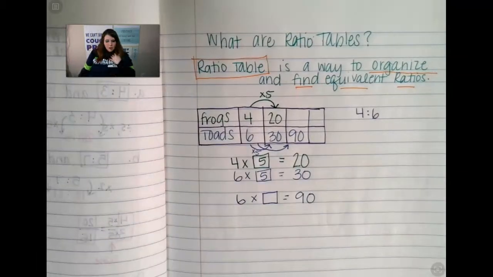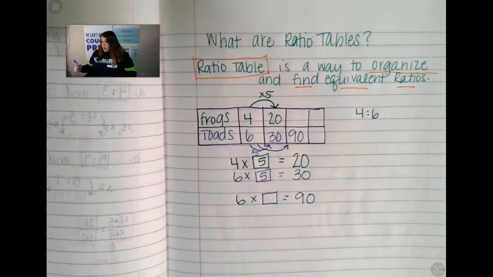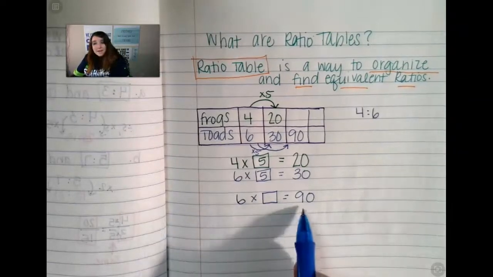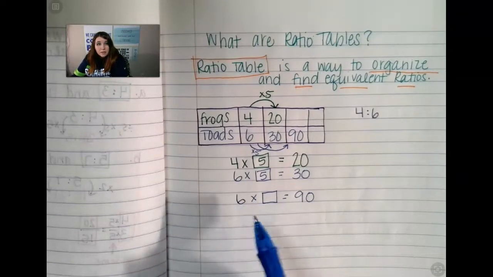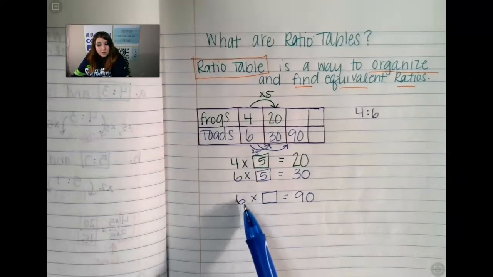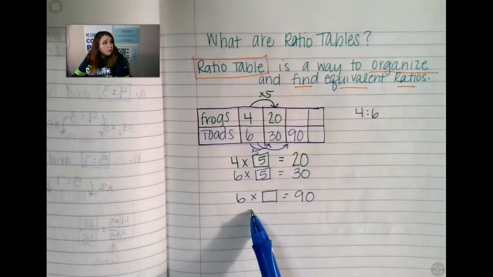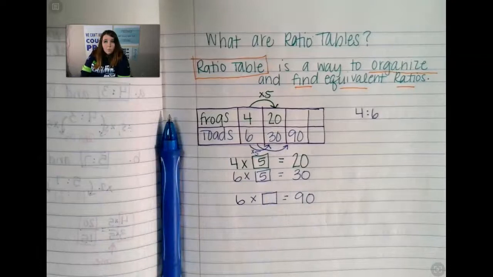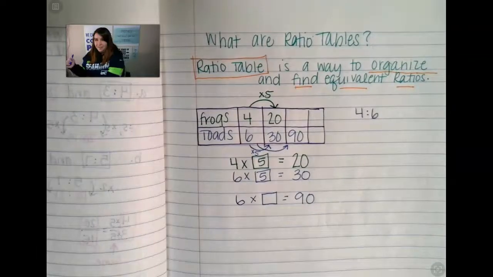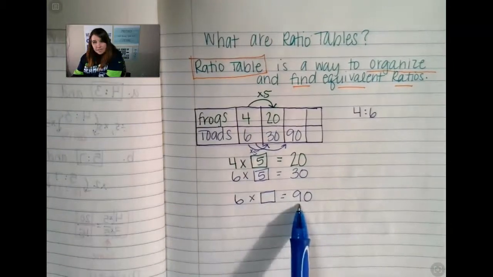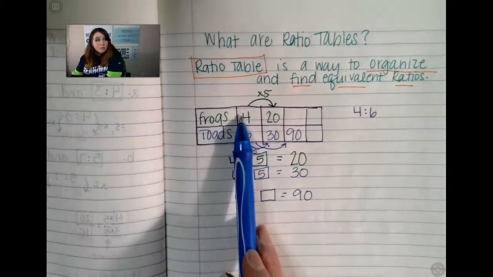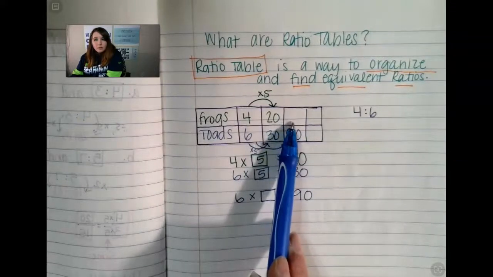Now, if I'm not able to do that in my head, I could also say 90 divided by 6, because the multiplicative relationship lets us use division forward or backwards. Once we know how to get from 6 to 90, we can then figure out how to get from 4 to what goes on the top.